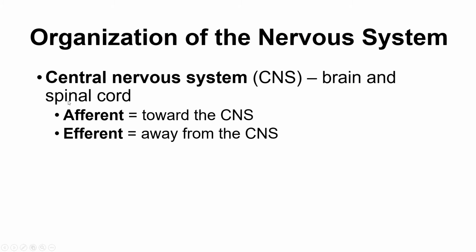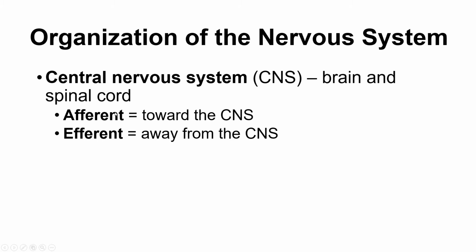One thing I do want to mention is another term that we can use to talk about things moving into and out of the central nervous system and the peripheral nervous system. So if we talk about afferent, I'm going to pronounce them overly exaggerated here, an afferent neuron is heading towards the central nervous system.